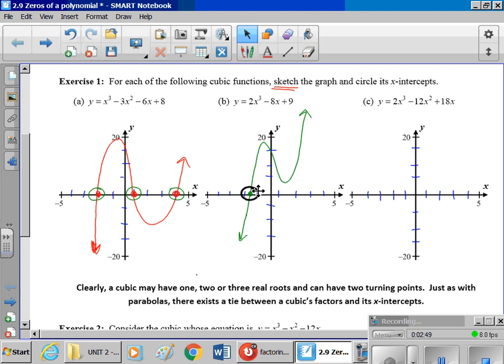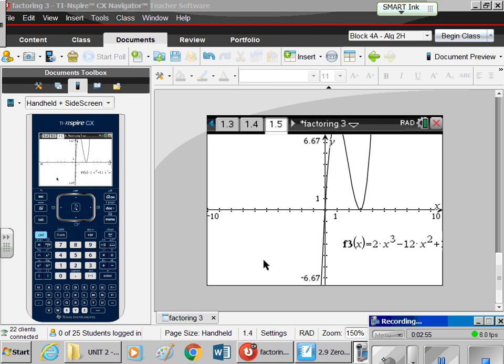And one last time, we're going to do this with C. So here's the calculator. And now we're going to try and translate this onto our paper the best that we can. So we have a root at 0 here, and we have a root at 3. So here we go.